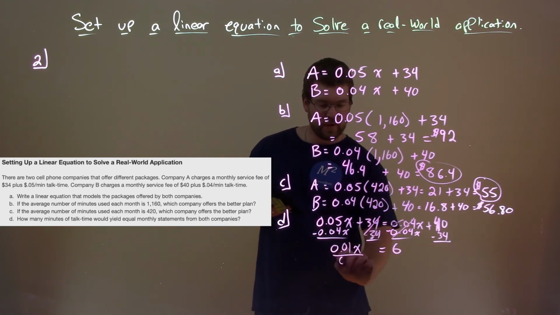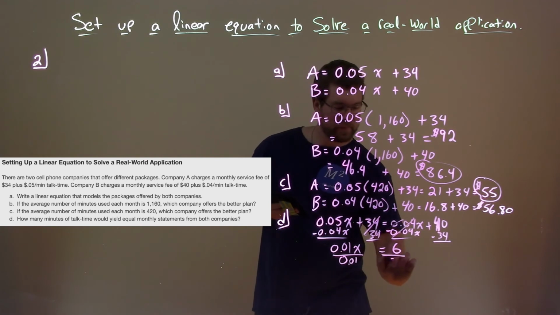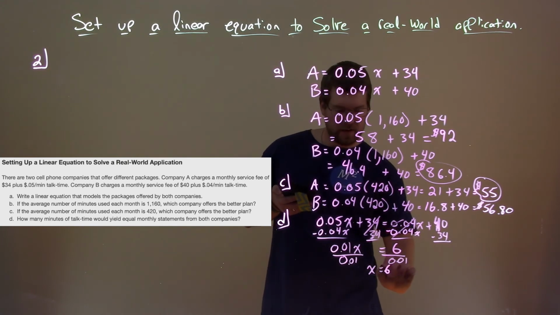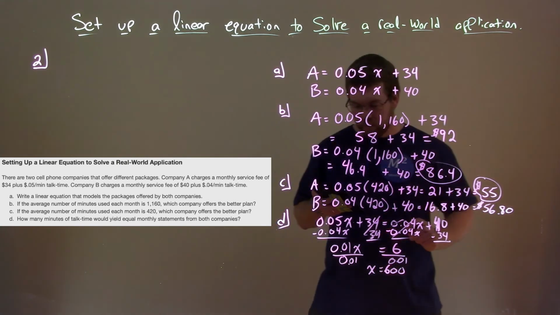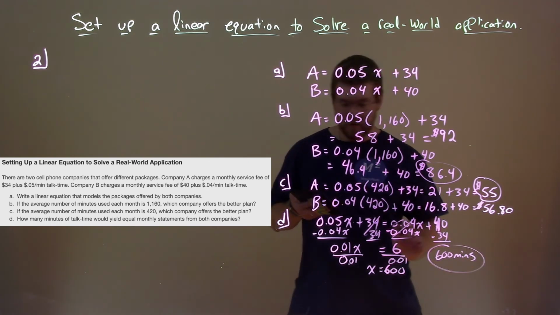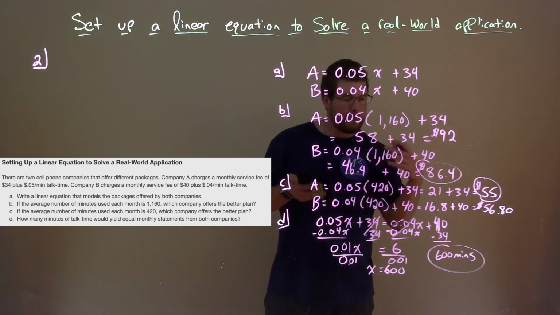Divide both sides by 0.01, and we get x equals 6 divided by 0.01, which is 600. So what we can do is say that after 600 minutes, both of these companies would be equal.